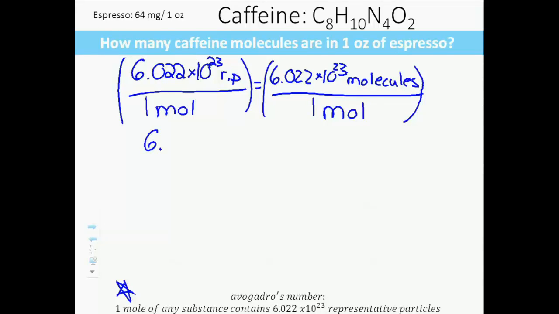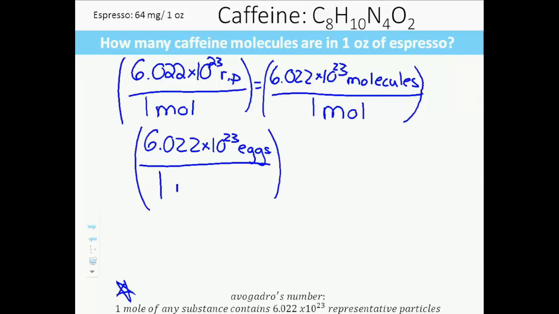You could put 6.022 times 10 to the 23rd eggs in 1 mole of eggs. Just notice that whatever's on top, eggs and eggs, needs to be on the bottom. So 1 mole of molecules contains 6.022 times 10 to the 23rd molecules.